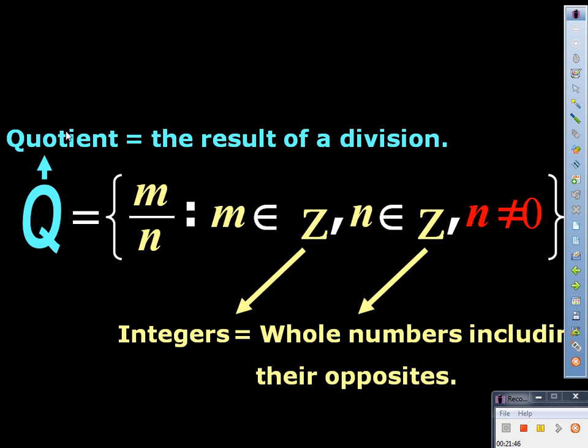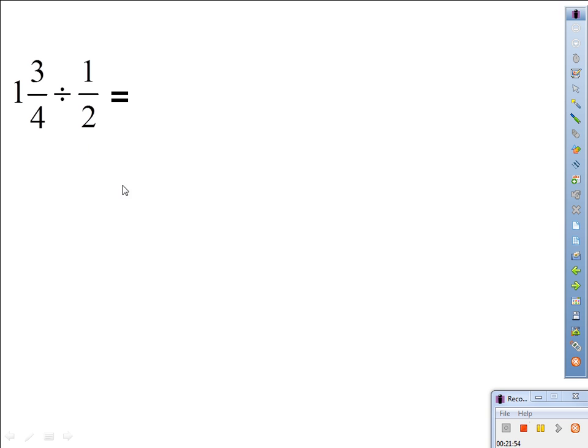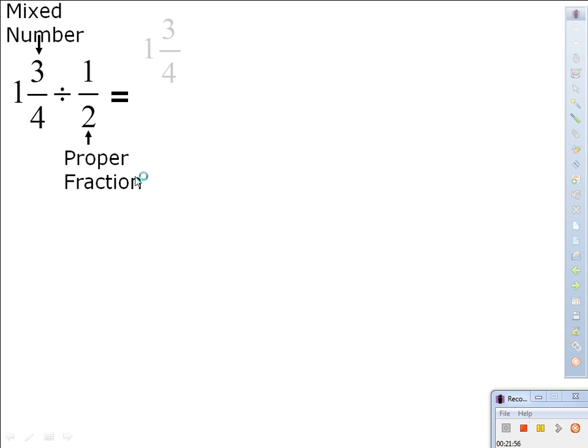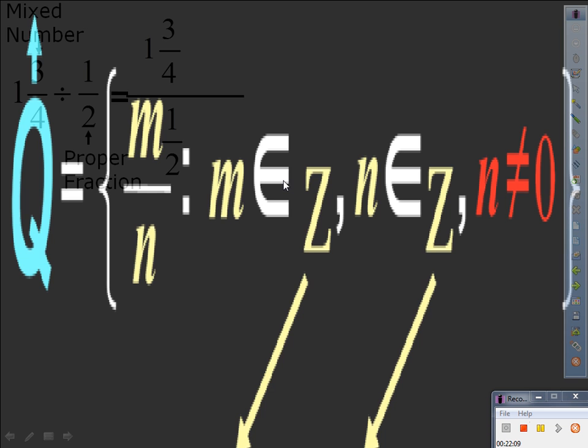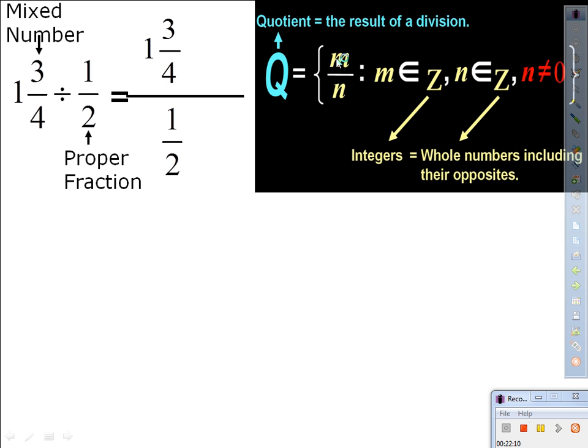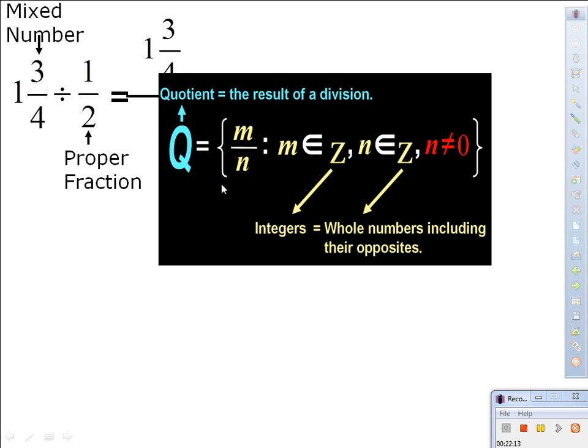Don't copy this, just pay attention. So therefore, this is the same as saying 1 3/4, pay attention please, over 1/2. However, can we have fractions over fractions? No, why not? Because according to the definition, they need to be integers. Is that correct?